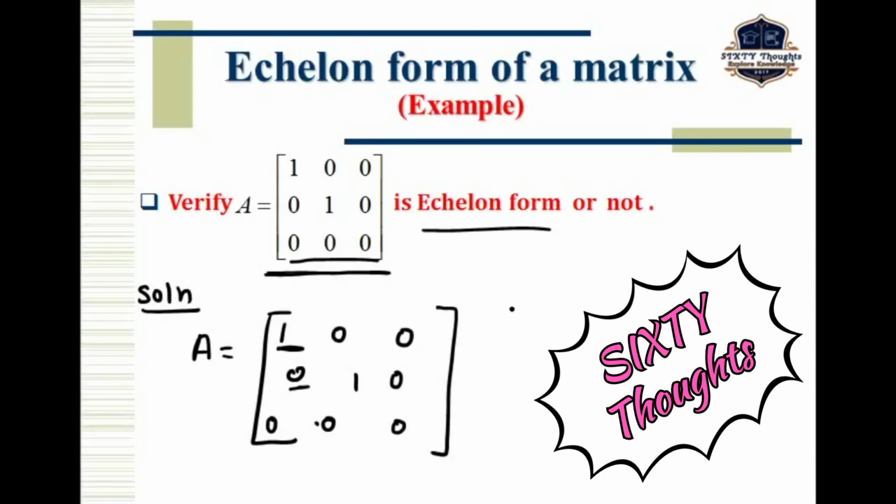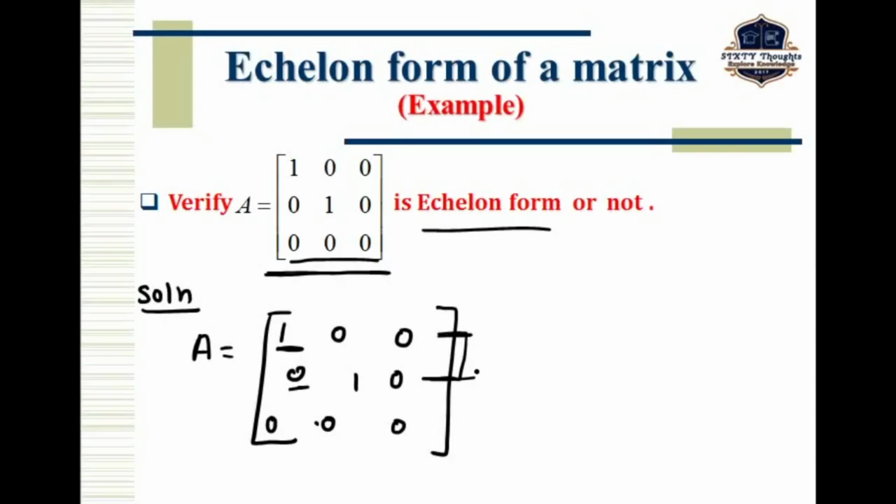What is the third condition? The number of zeros before the first non-zero element in the current row should be strictly less than the number of zeros before the first non-zero element in the next row. I am going to consider the first row and the second row. In the first row, the number of zeros before the first non-zero element is 0.